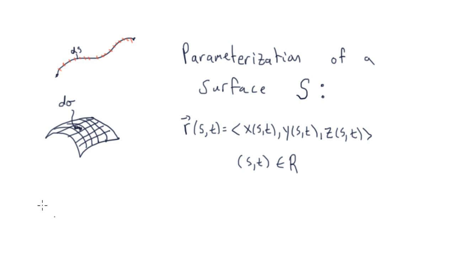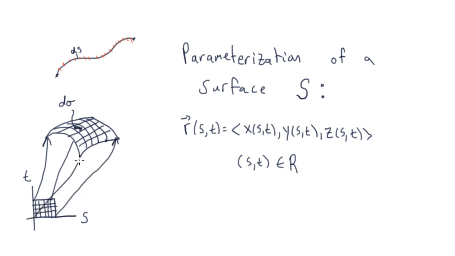And what we can think about is, if this was a rectangle in the st plane, what we're doing is basically taking a small little square and stretching it out as a surface in space, like this.